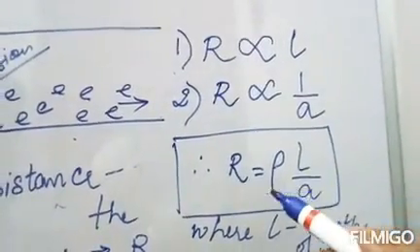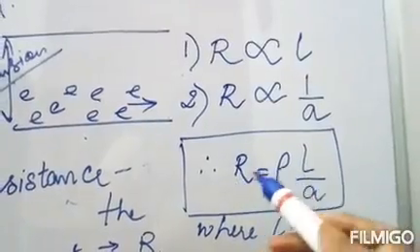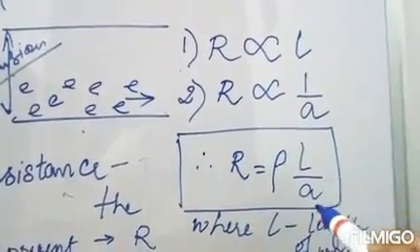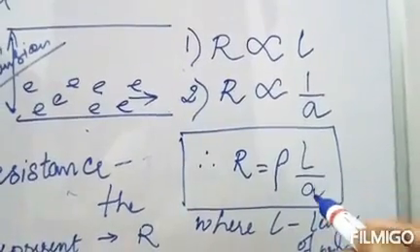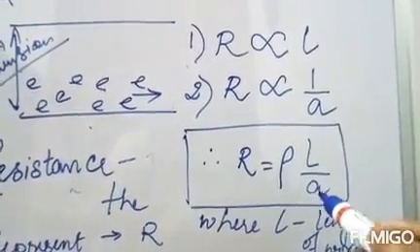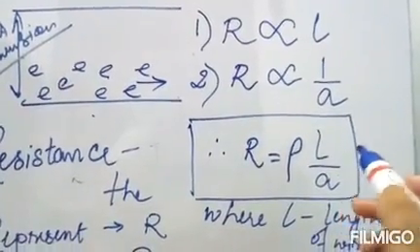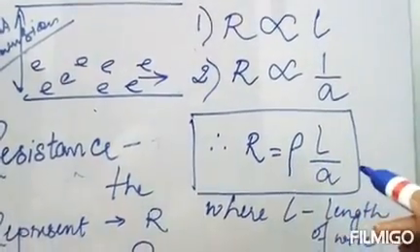Because you see, when we link resistance and resistivity, we are using length and area. What are this length and area? These are the dimensions of the wire material, or of the material through which current flows.